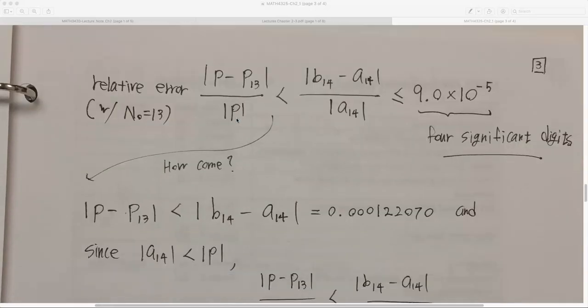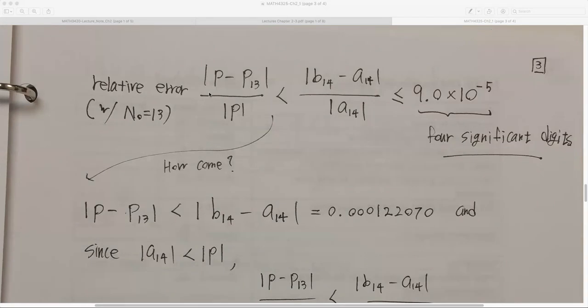So in this example, absolute value of p minus p13 divided by p. Simply saying, the relative error is the true solution minus the approximate solution divided by the true solution, taking the absolute value. Okay, so that's the relative error.